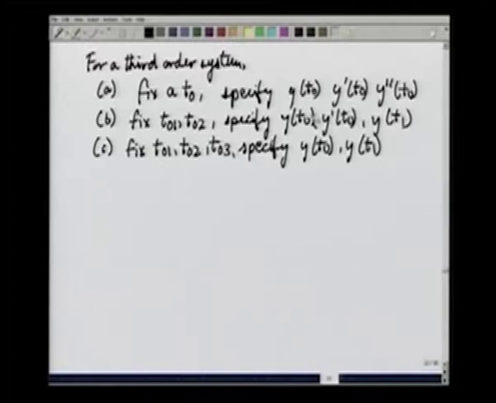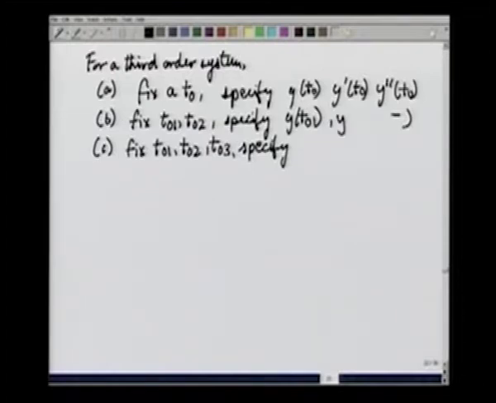I am just going to make all the corrections here.